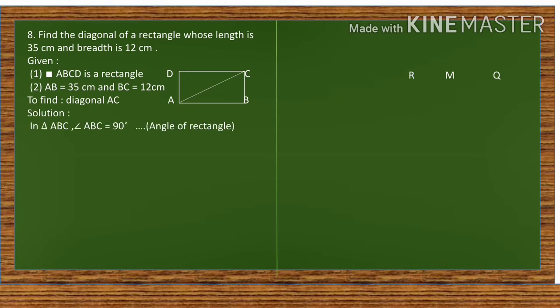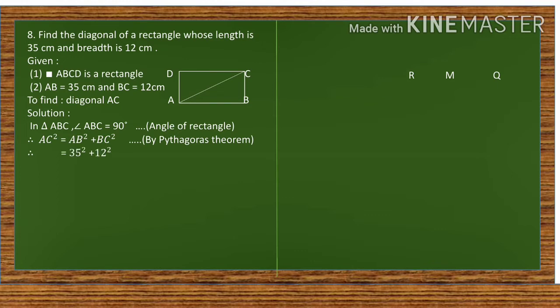Solution. Due to the diagonal AC, quadrilateral ABCD is divided into two triangles. In triangle ABC, angle B is equal to 90 degrees, which is the angle of a rectangle. Therefore, we can use the Pythagoras theorem here. By Pythagoras theorem, AC square is equal to AB square plus BC square. Fill values.